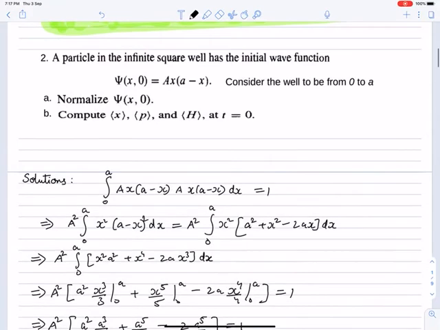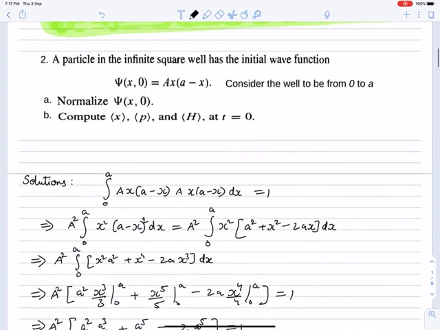First, for normalization, the integral of psi star psi is equal to 1. It is actually a real wave function, so psi star will be equal to psi. So I can write the formula, the integral from minus infinity to infinity of psi star psi is equal to 1.